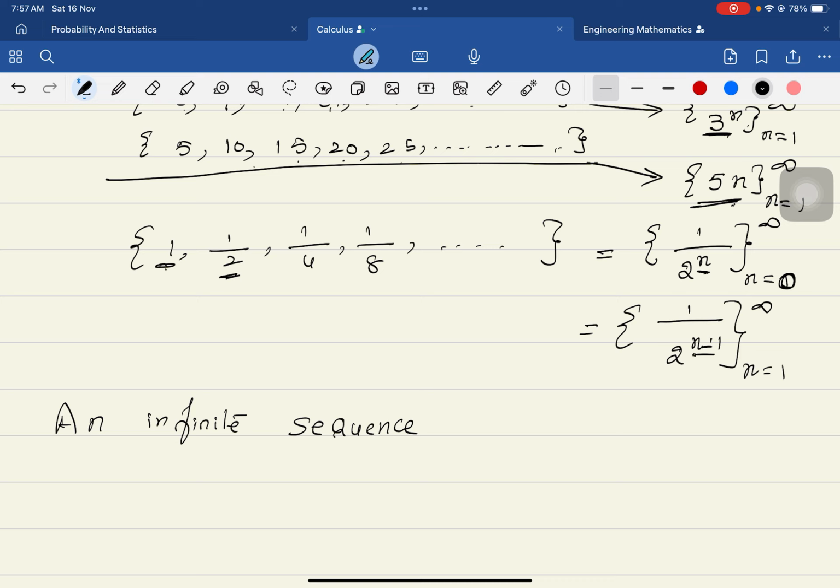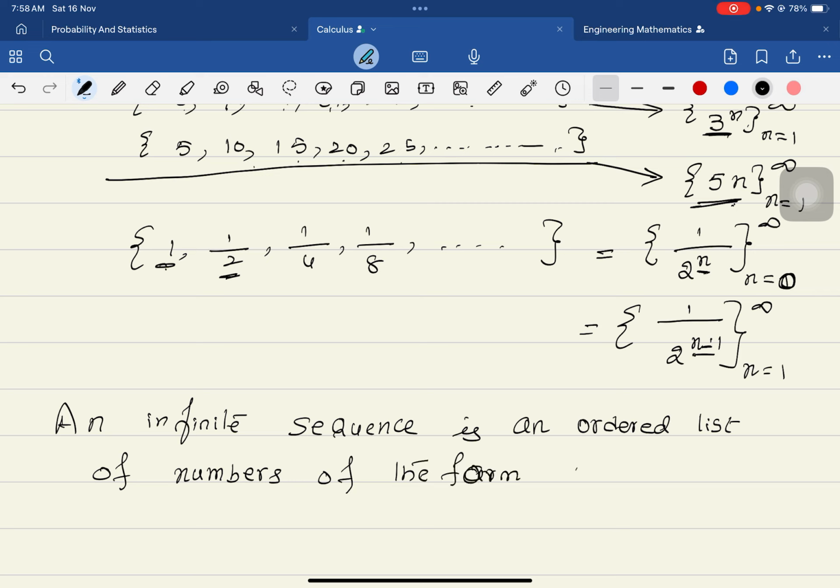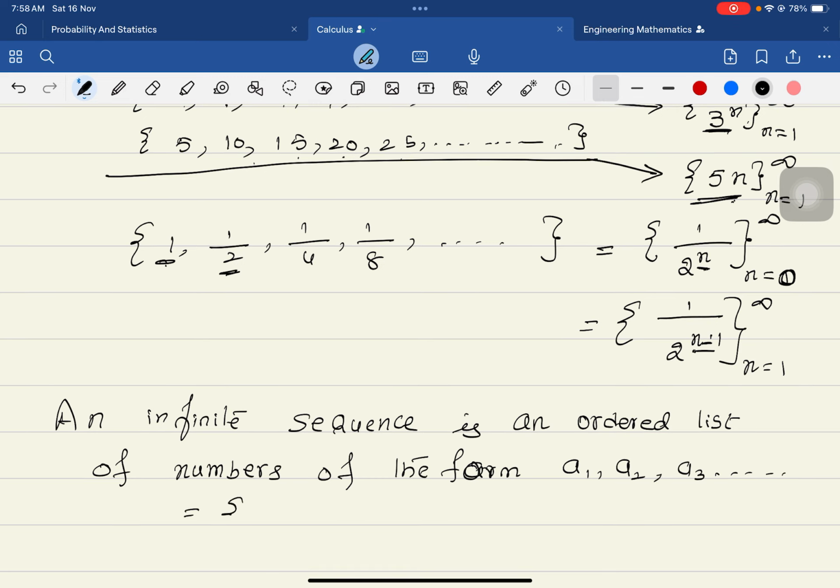An infinite sequence is an ordered list of numbers of the form, let us say first number is a1, second number is a2, third number is a3, and so on. So we can rewrite this as the sequence n is equal to 1 to infinity.